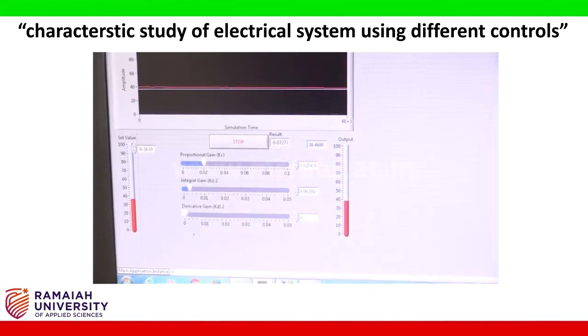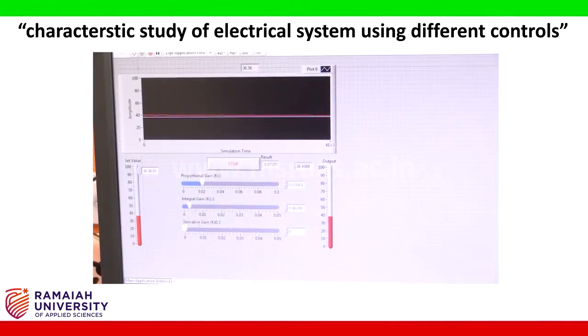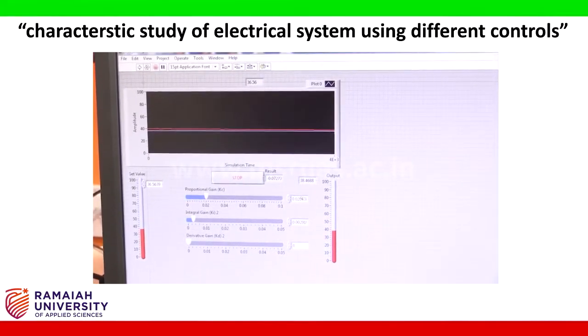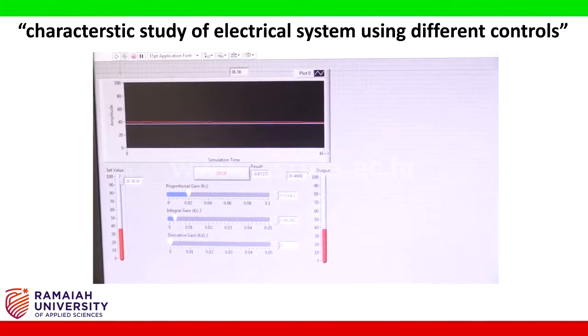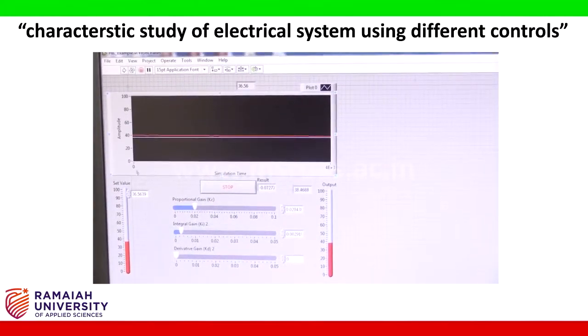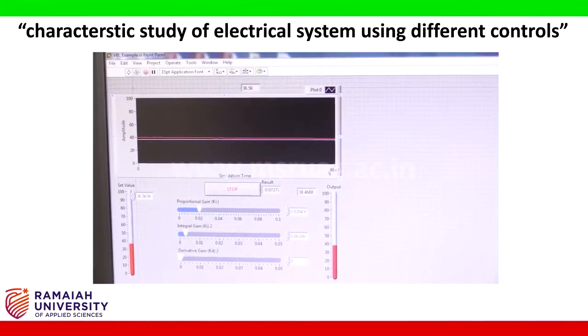Based upon the gain factors that we set at this point, the manipulated variable will be dependent on them. And this is a chart which gives you the information about your set point. The white line is your set point and the red line is the corresponding temperature on a transistor or a plant.